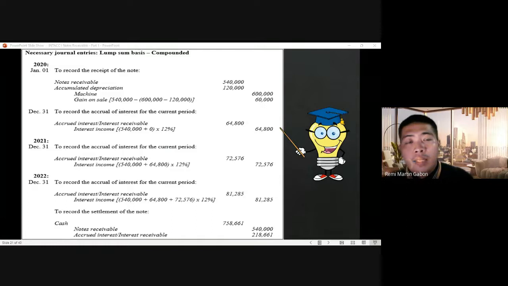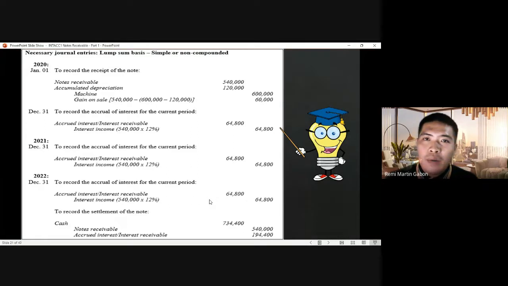Okay. Guys, compounded pa lang yan. Lump sum basis. Wala pa tayo sa installment. Ayan ha. So if we're going to explain naman si simple or compounded, almost the same lang yung computation, yung concept sa recording, nagkakaiba lang sa amount ng accrual. Sa first year, sa 2020, the same journal entries and the same amounts.